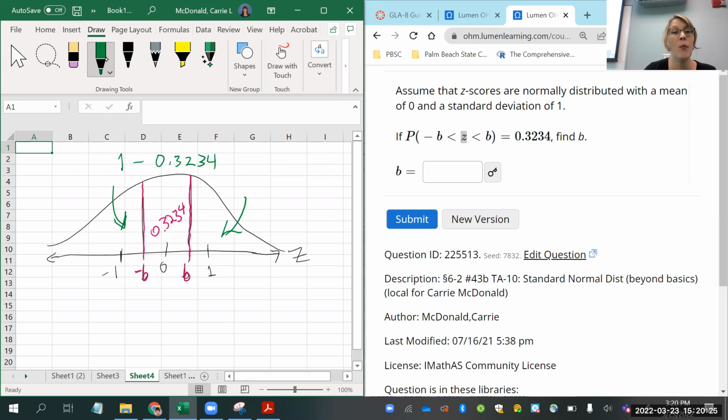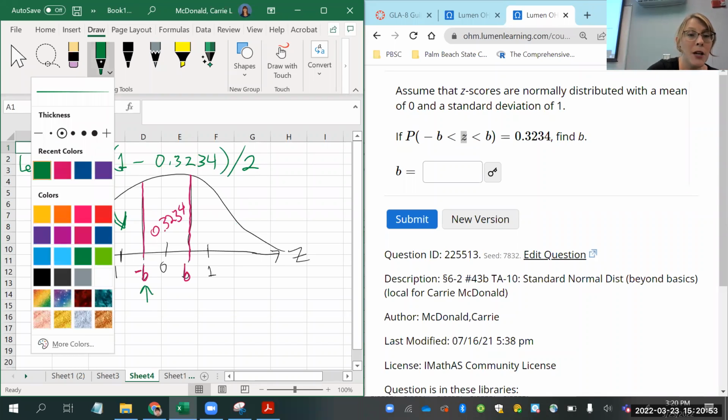However, what I want is just half of that because I want the left area, the left tail only. You'll understand why in a moment. I want the left tail, so I'm going to divide that by 2. So now when I find that left area, I'm going to be able to figure out this value, the negative b, by using norm.inverse.